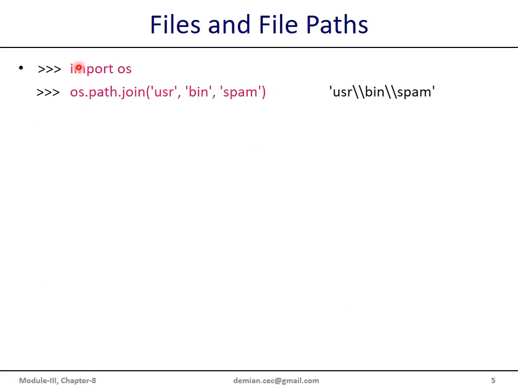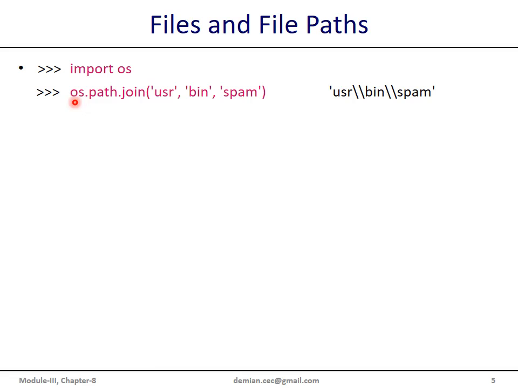Consider the example. First we import the library os, and we are interested in creating a path with these three folder names: user, bin and spam.